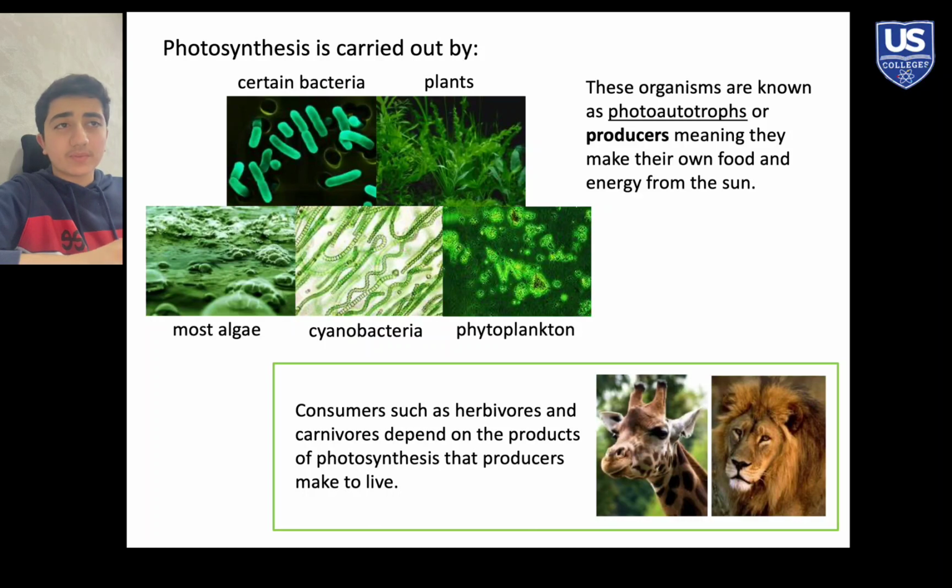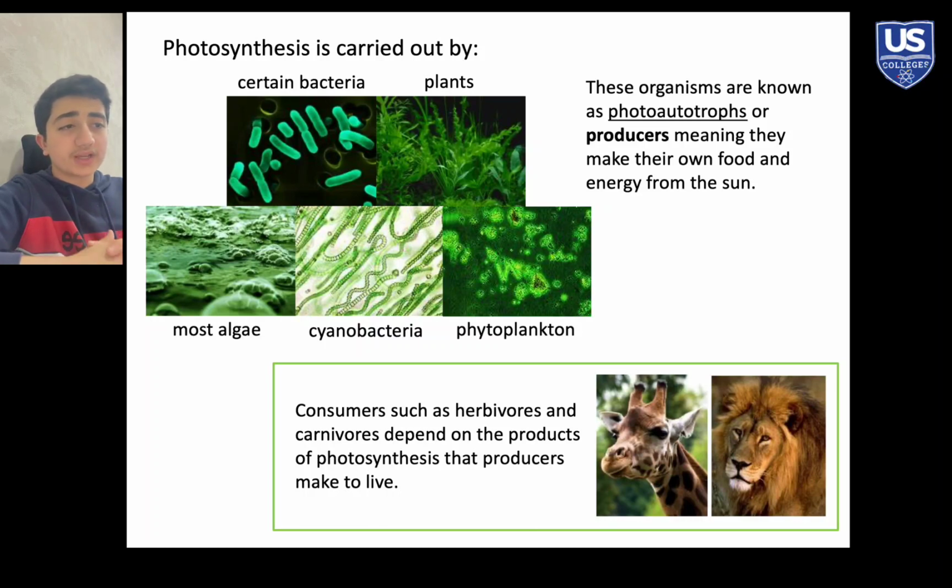And photosynthesis is carried out by some bacteria, plants, types of algae, and different structures, such as certain bacteria, which can be researched if you want. Plants, most algae, we have different types of algae.